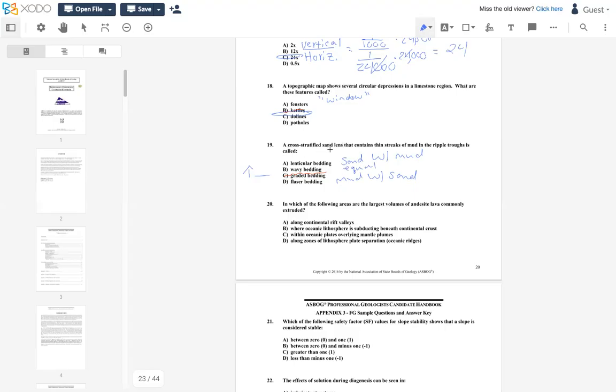So a cross-stratified sand lens that contains thin streaks of mud in the ripple trough is called what? So if we have cross-stratified lens, I wrote this down wrong. I was confusing myself.